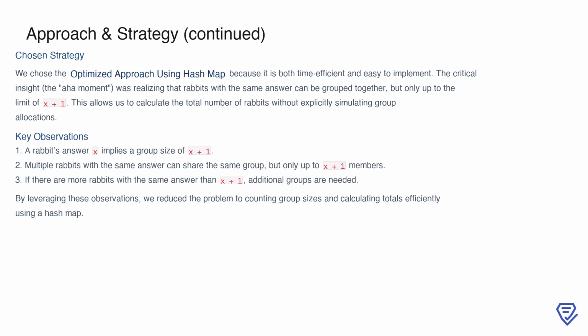Instead, we focus on counting the frequencies of answers and calculating the required group sizes directly. This insight reduces the problem to a straightforward calculation, making it both time efficient and easy to implement. By focusing on these mathematical properties, we're able to solve the problem effectively while minimizing computational overhead.